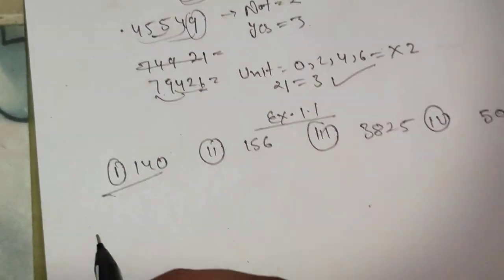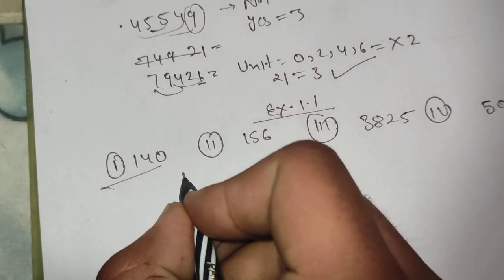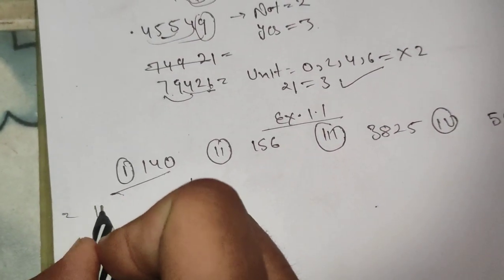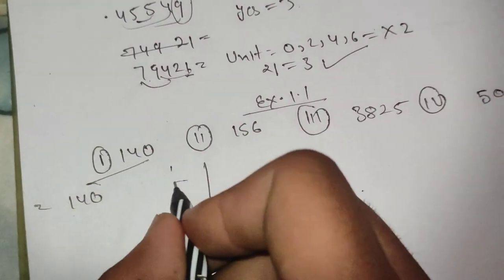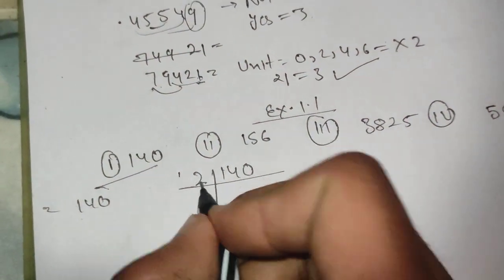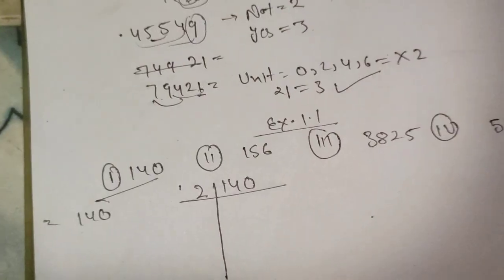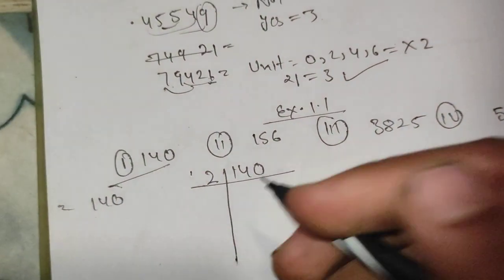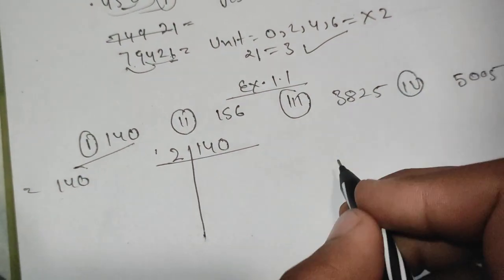First, question 1, similar concept. Write 140 in the block section, starting from the lowest, and then we move step by step upward, like when you move on a staircase from lower to upper.